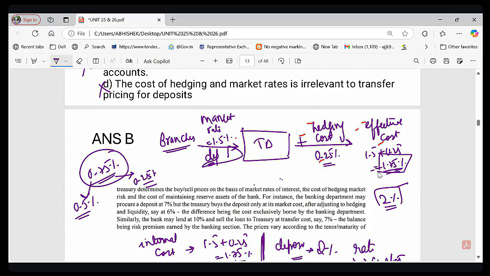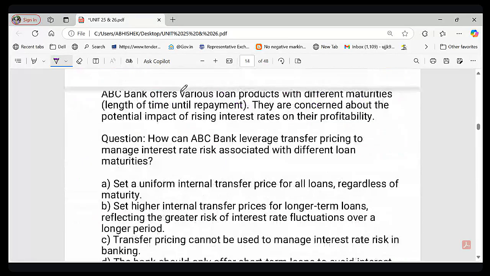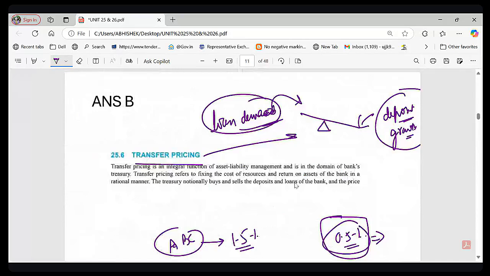So the difference of 0.75%, which is the profit margin, reduces the bank's profit margin but helps them gain more deposits. I told you earlier that in transfer pricing, on one side we have loan demand and on the other side we have deposit growth. So obviously the profit margin is getting reduced by 0.75%, but the advantage is that more customers are taking the deposit. So that is why.